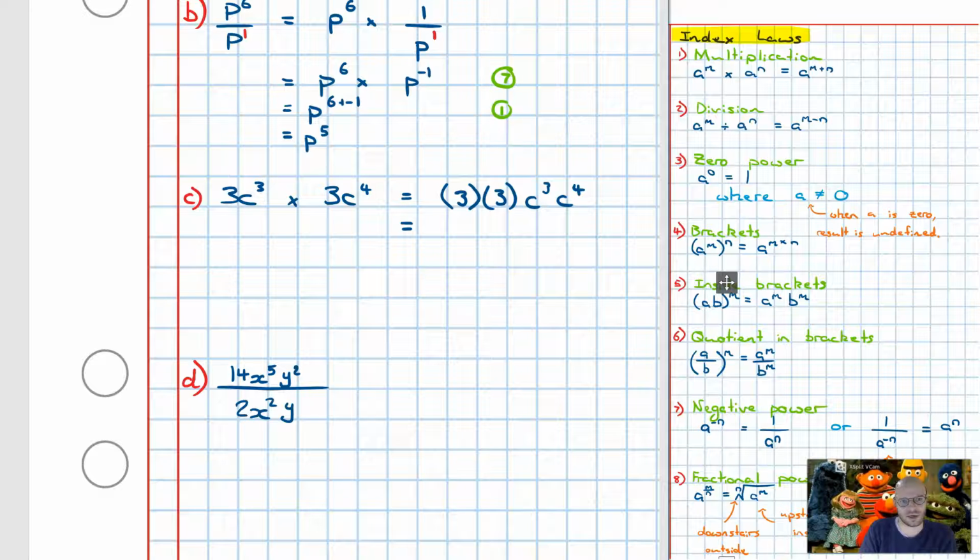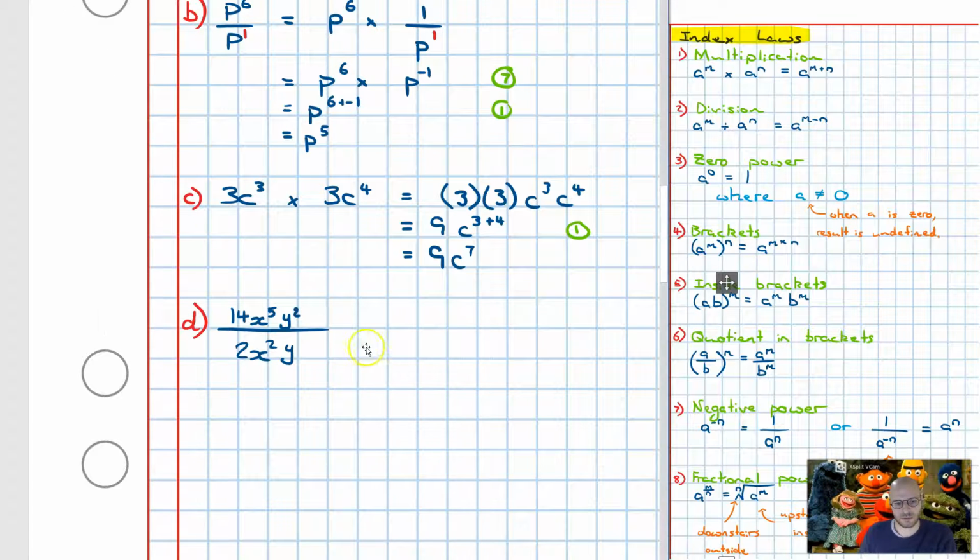Using index rule 1, we're going to get 3 times 3 is 9. And then the c's are going to be 3 plus 4. So index rule 1 again. This is going to yield a result of 9c to the 7. So nice and simple. Now we start getting into the fun.